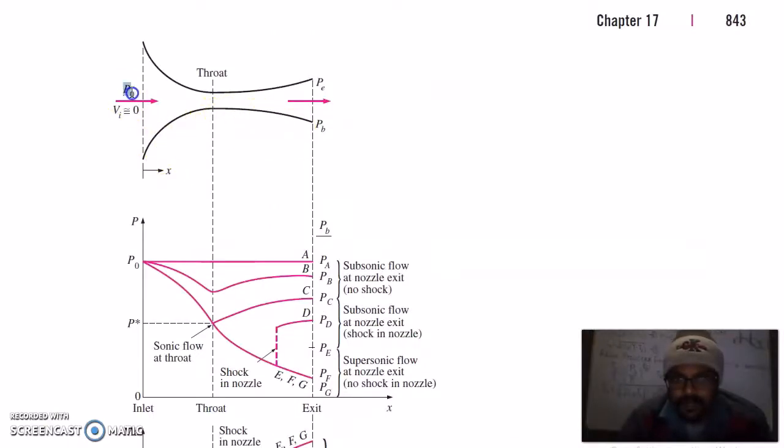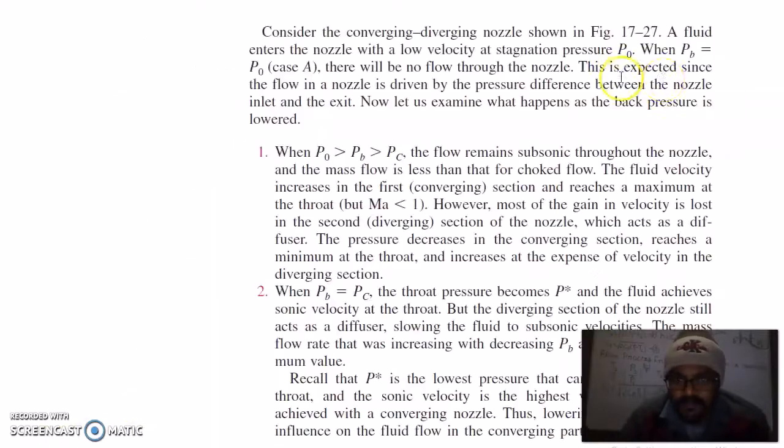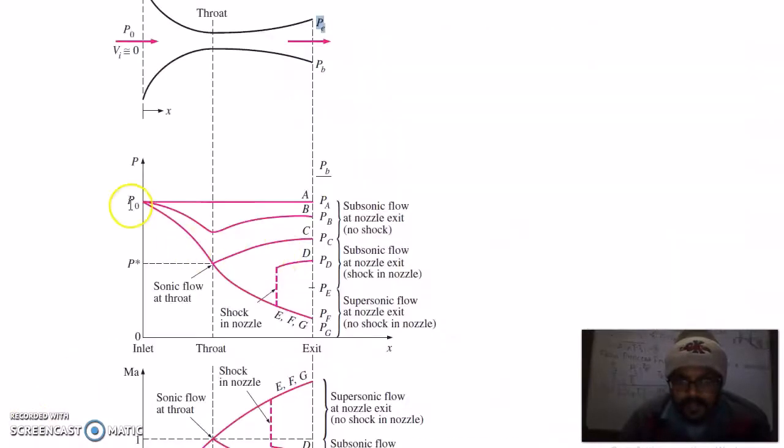So this is the inlet pressure, and the inlet velocity is almost equal to 0. This is the back pressure, this is the exit pressure. This is the throat here. This is expected since the flow in the nozzle is driven by the pressure difference between the nozzle inlet and exit. So this is the pressure at inlet and the pressure at outlet. These are different curves for different back pressures.